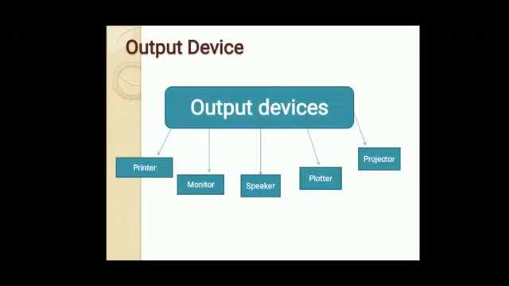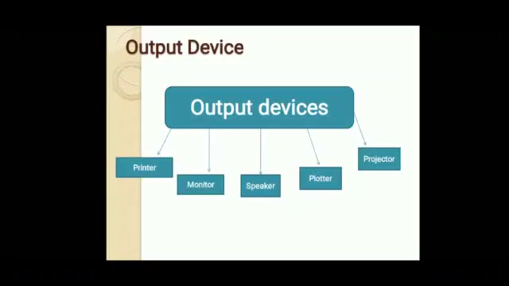Whatever data we have typed and sent, after processing we get the hard copy through the printer. Monitor, to display the information, means however the result is there, it will be displayed through the monitor. Speaker, whatever audio sound, will come out through the speaker.